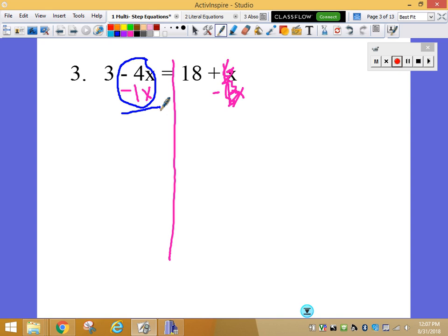Okay? You've got to take this negative with it. So in your calculator, you would type in negative 4 minus 1. Negative 4 minus 1 is negative 5x. I'm going to bring this 3 down. And on the right hand side, I'm going to bring down 18. Okay?